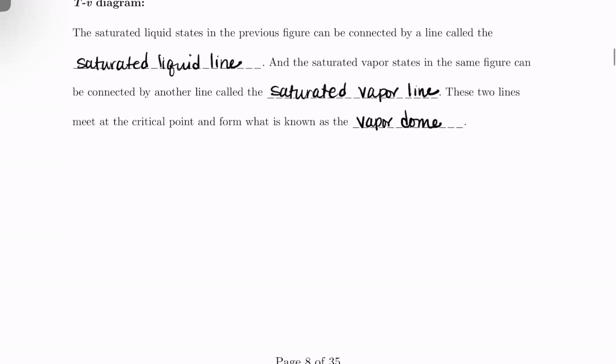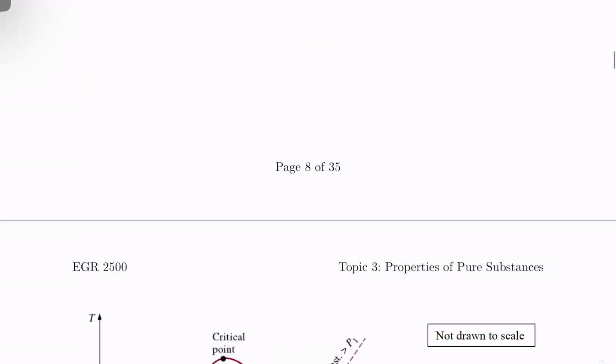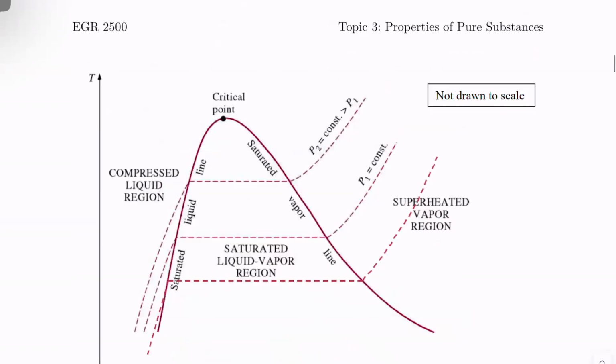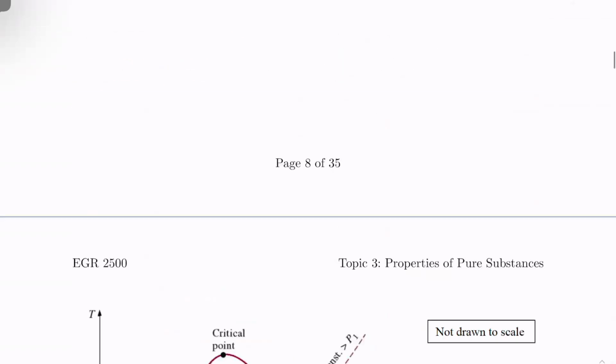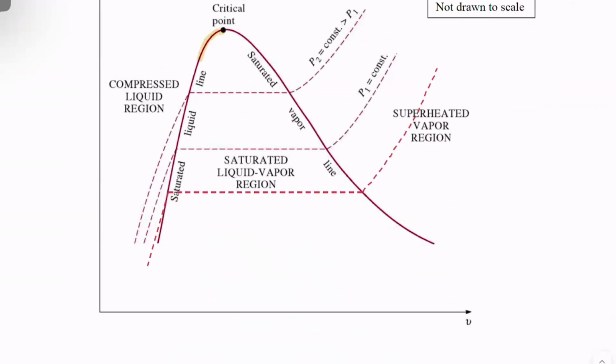All right, so essentially what we have, did I include, oh, okay, never mind, it's here. I was going to draw it for you, never mind. So we have our saturated liquid line. Let's call that orange. So our saturated liquid line is just this side of the saturation line, the left-hand side of the line up until the critical point.